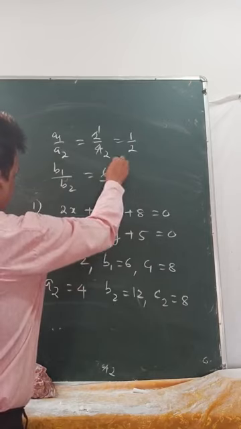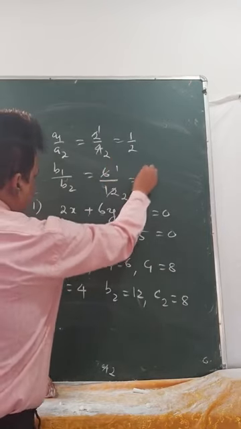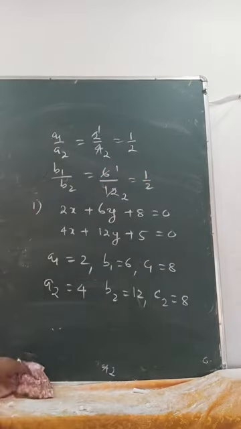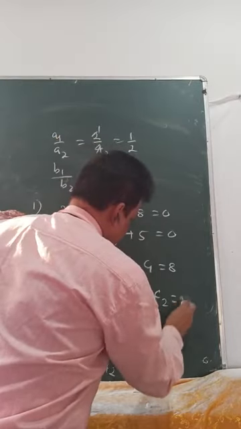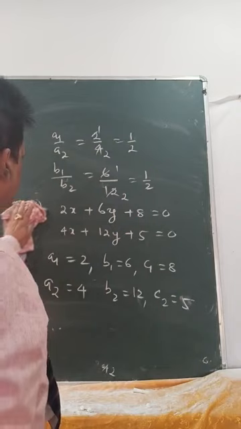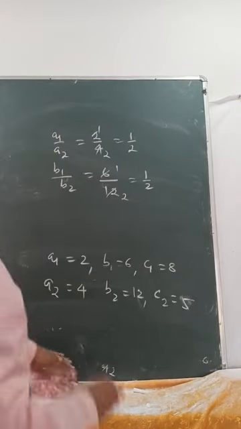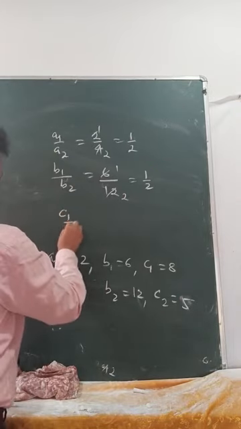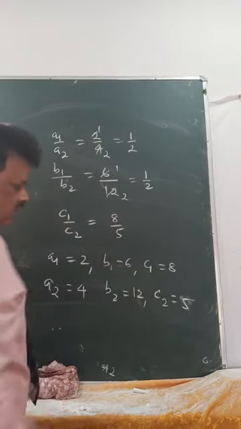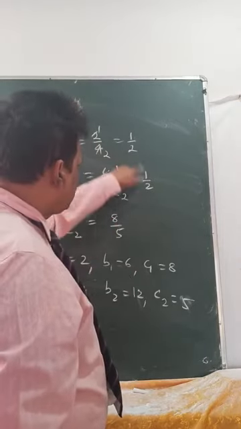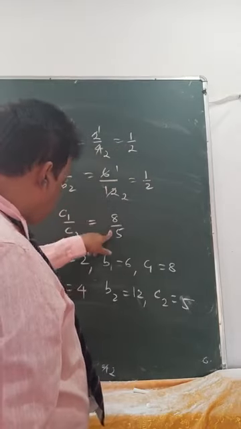If you cancel here, again it is 1 upon 2. What is C1 by, sorry, C2 is 5, not 8. C1 by C2 is 8 upon 5. Look at here, these two are equal, but this is not equal.